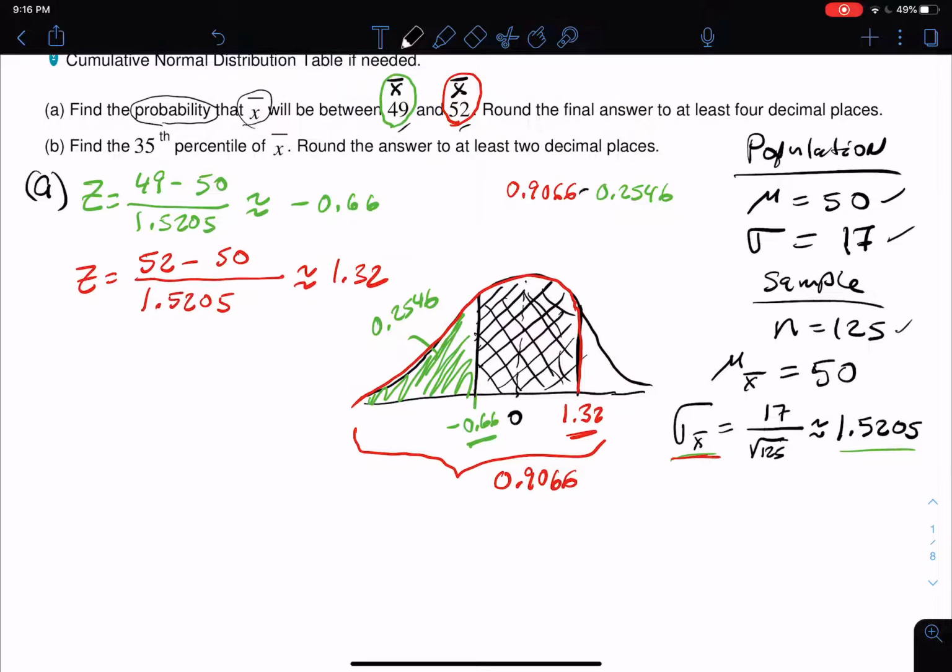I subtract that out, and that gives me a result of 0.6520, which is the area of this shaded region in between the sample means of 49 and 52. There's our answer: 0.652.